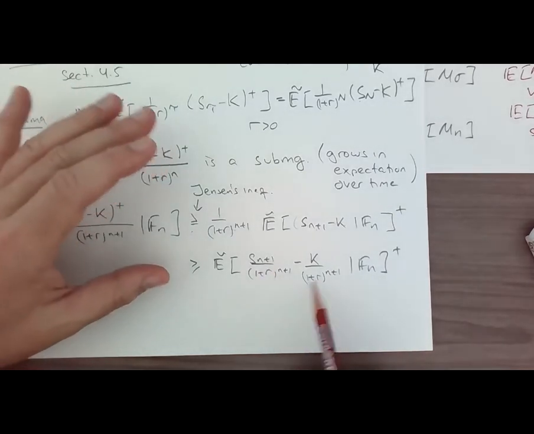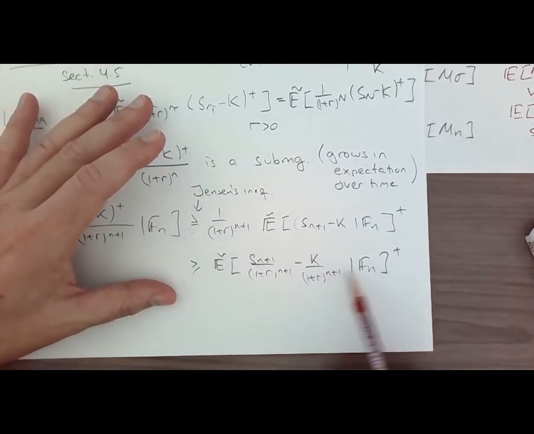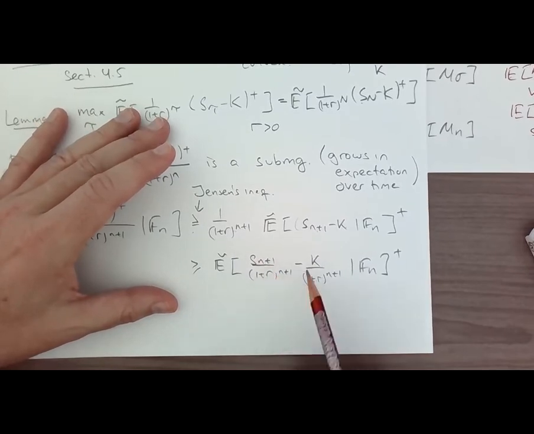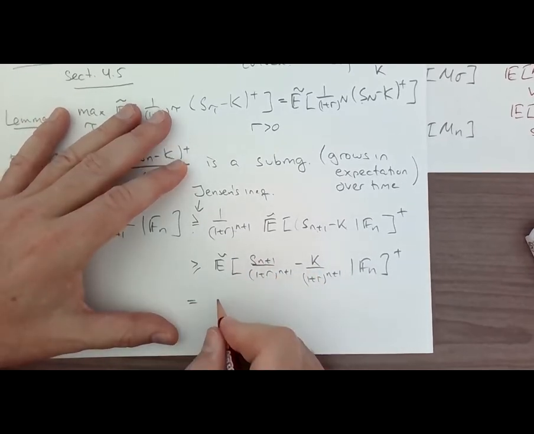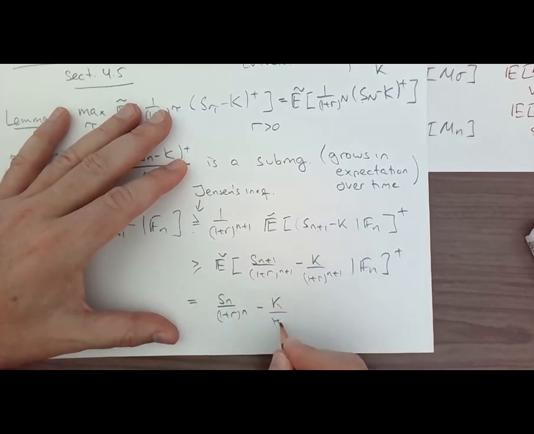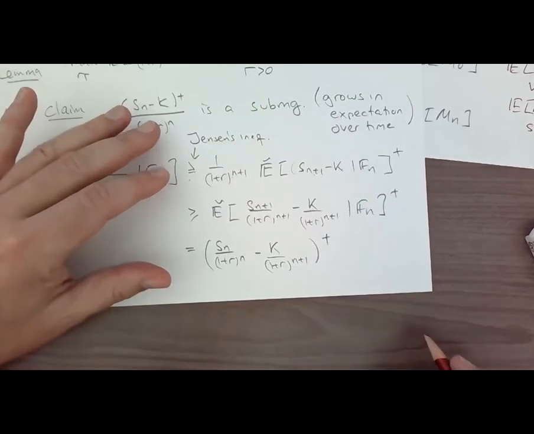And now this is a constant, right? So when I condition, that doesn't matter. And I have S_{n+1} divided by the bank account. That's a martingale under the tilde measure. I'm going to get that this is Sn divided by 1 plus r to the power n. And then I have my K over 1 plus r to the n+1, and this is all positive part.